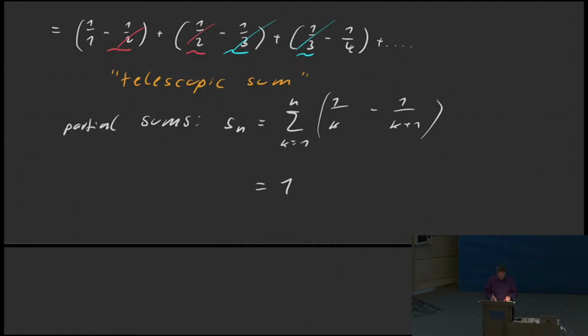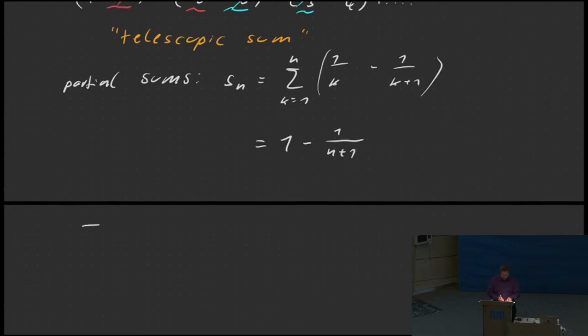And of course, the last summand will also stay because there's nothing following it to cancel it out. So the last minus will also stay. Imagine we end it here, then we end up with the minus 1 over 4 because the next summand will not be part of our expression. So if we sum up until n, that last summand is 1 over n plus 1. So we get this expression. That's the partial sum for n. Everything in the middle cancels out.